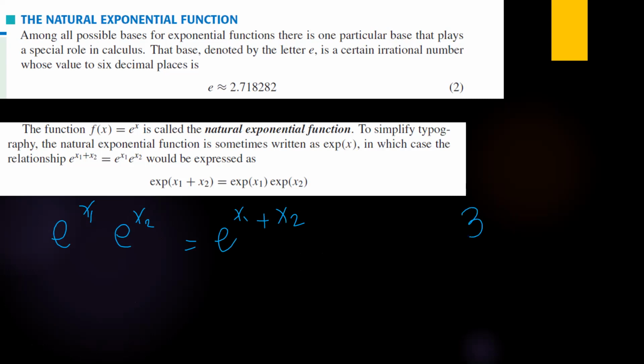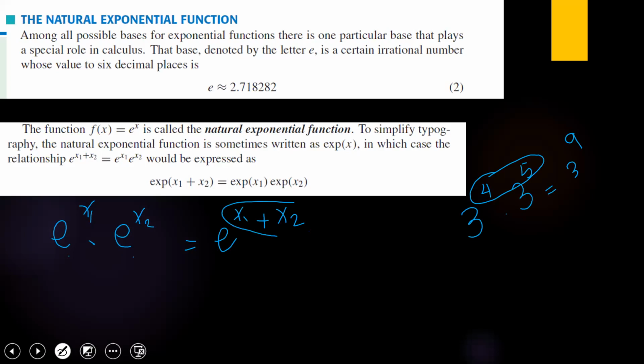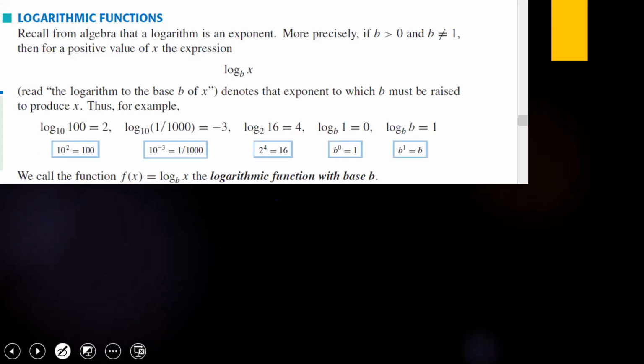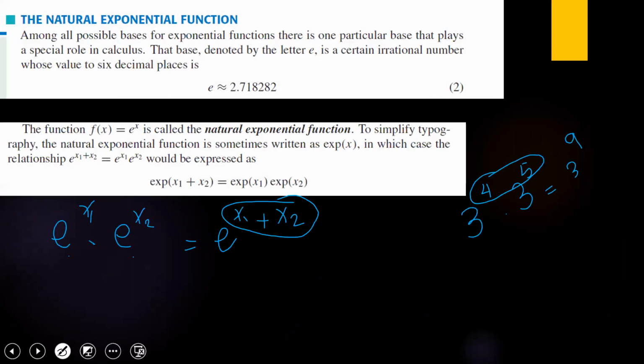We said before, if we have 3 to the power 4 times 3 to the power 5, we take the same base and then add the exponents. Here, if we have a natural exponential function, we deal with it as the exponential function with a base b. We have two bases that are the same, so we add the exponents.